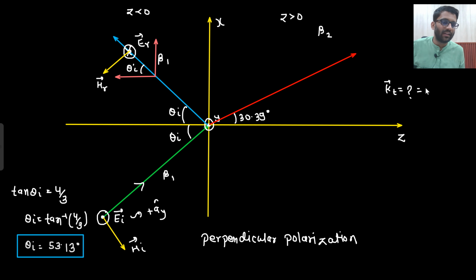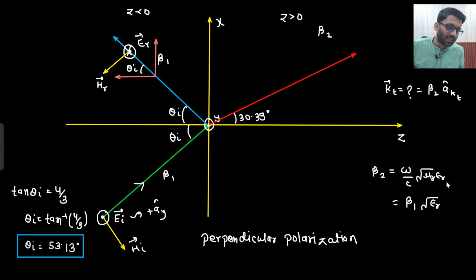So now I need to find KT. How will I find KT? KT is equal to mod of KT, that means beta, and the direction. So both things I can find. So certainly I can find beta 2. How will I find beta 2? Beta 2 would be omega by C under root mu r epsilon r. What is omega by C? Omega by C is beta 1 only.